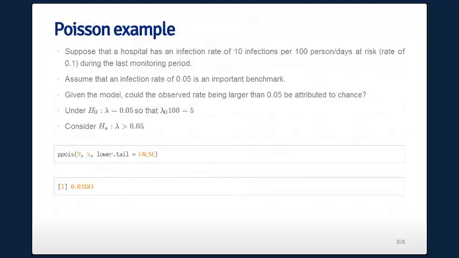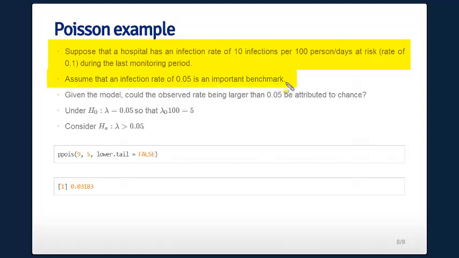Let's do a Poisson example. Suppose that a hospital has an infection rate of 10 infections per 100 person days of risk, which is a rate of 10 over 100, or 0.1, during the last monitoring period. Assume that an infection rate of 0.05 per day at risk is an important benchmark.